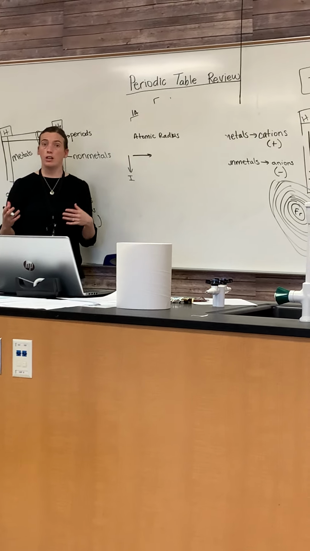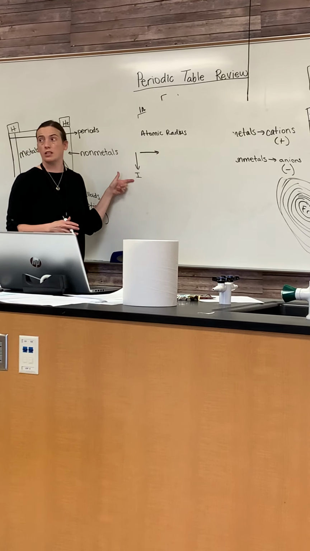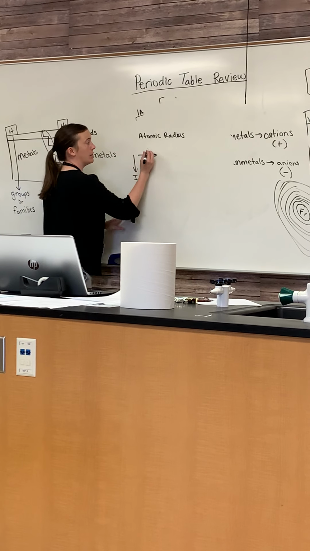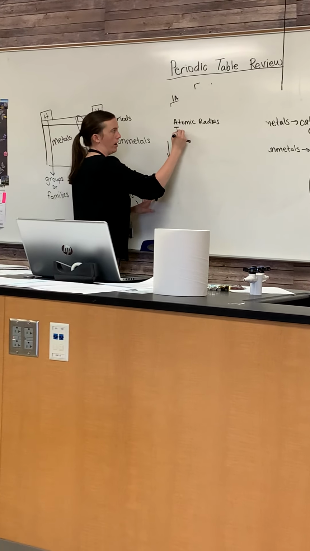You're always gonna have increasing and decreasing with the trends. So if we know that this is increasing going down, then it has to be decreasing as it goes left to right. And this is the same for ionic radius.